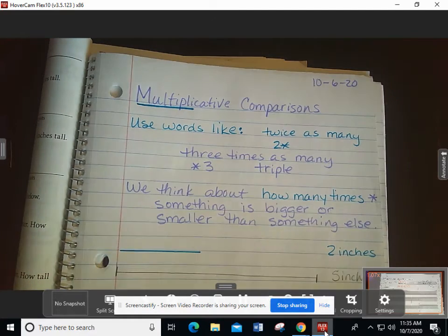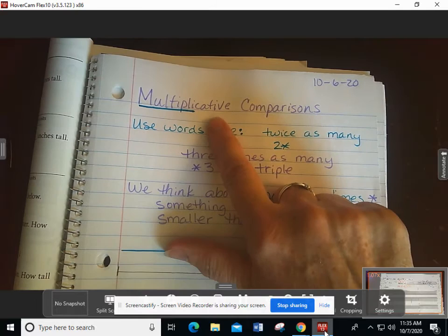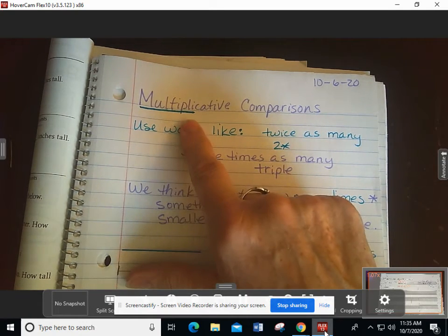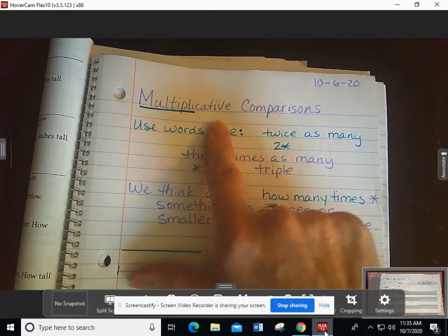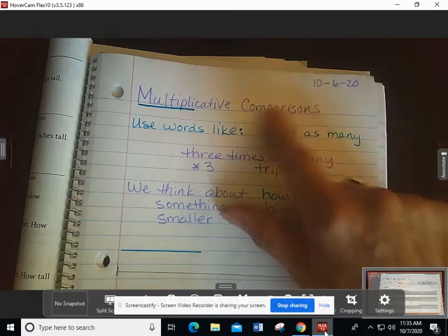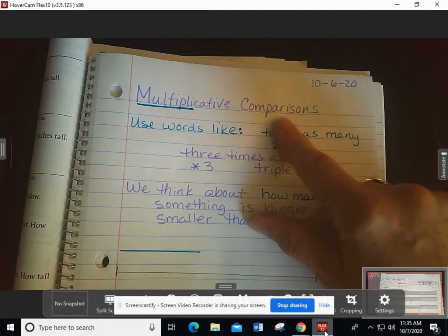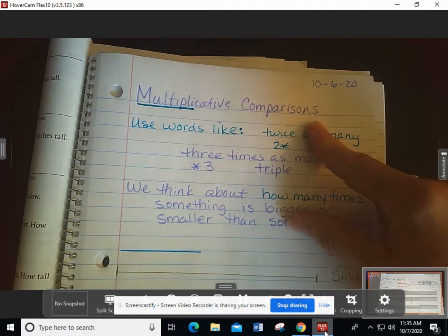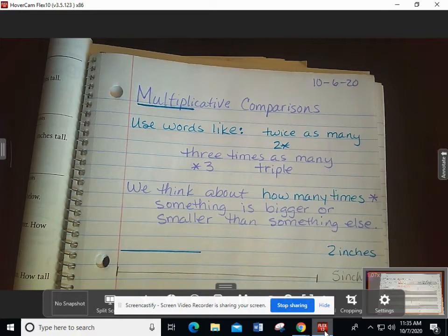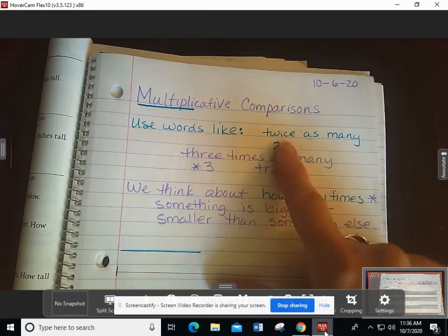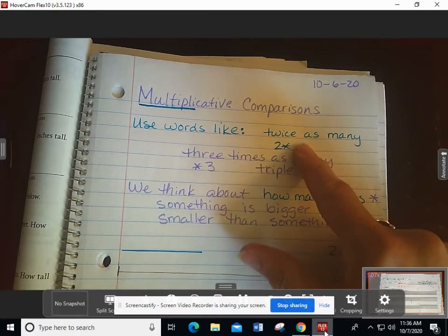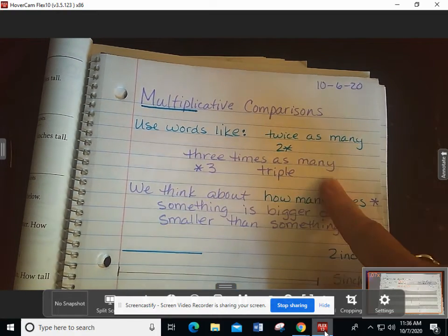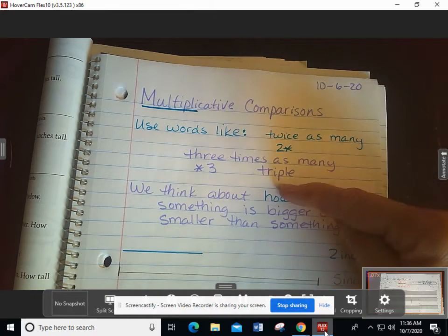Remember yesterday when we were working on this, we looked at the word multiplicative. Multiple or multiply is inside of that word, so we know we're talking about multiplying. The word comparison might be hard, but we know what the word compare means. So we are comparing multiplication sentences. We'll see words like twice as many, which means times two. We see 3 times as many, which would be times 3 or triple.